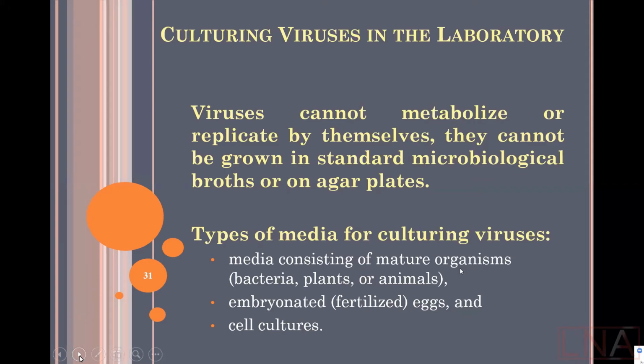First of all, we can make specific media which include live organisms, for example, bacteria, plants, or animal cells. Then we can take embryonated eggs and inject the viruses inside. And the last one, we can use cell cultures. Cell culture is usually a very novel method, but let's talk about it one by one.